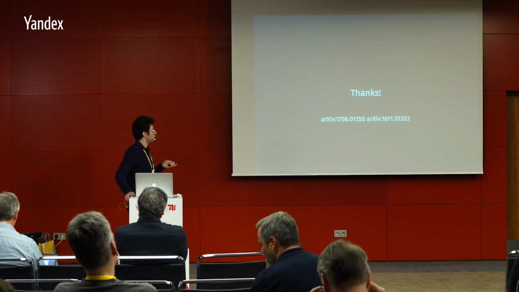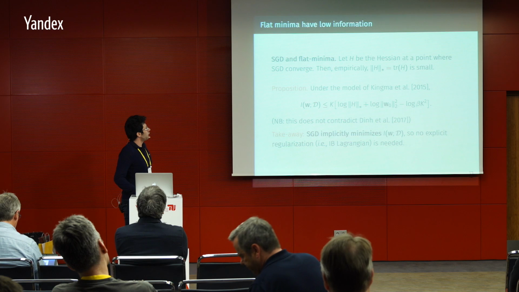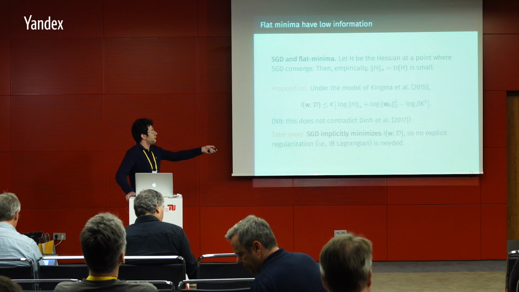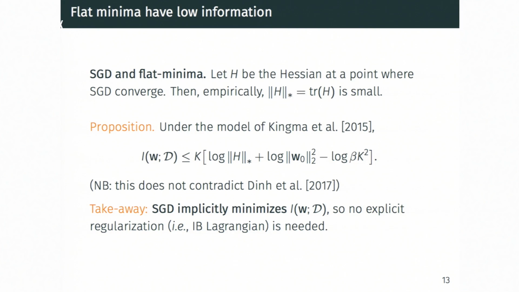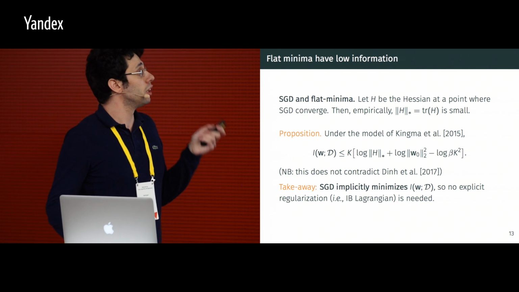Yes, so we actually can. For L2 regularization, you can also see that the L2 norm of the weights appears in this bound. So if you minimize the L2 norm of the weights, you are also minimizing the quantity of information in the weights. So they're related in this way.